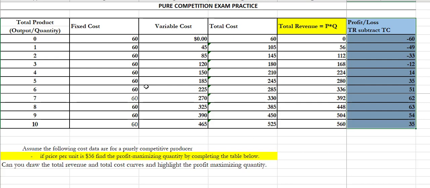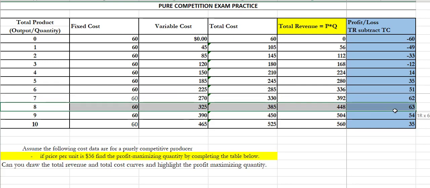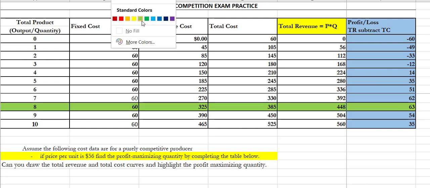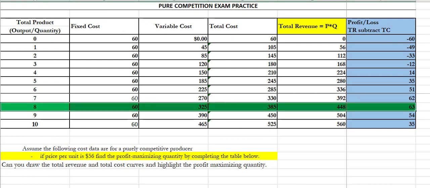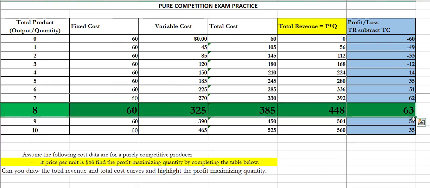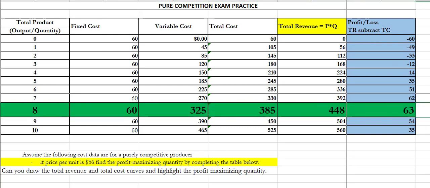Is there a point where your profits are the biggest? Do you see it? It's right there at output level 8. This is where we say profits are maximized. You see it? Profits are maximized. In this example, in the profit column, this is the biggest profits possible.